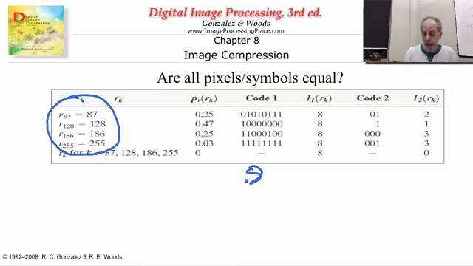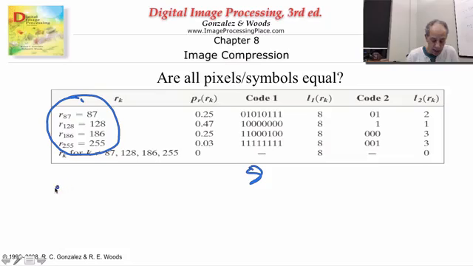But let's assume that somehow I manage to construct a code, shown here, where 87 is represented by the binary code 01, 128 by the binary code 1, 186 by the binary code 000, and 255 by the binary code 001.